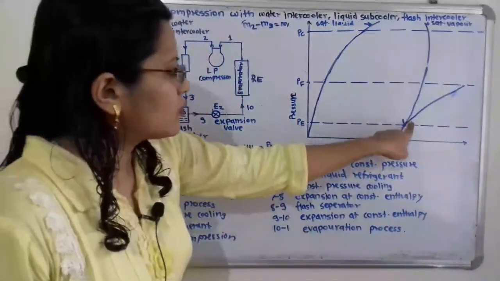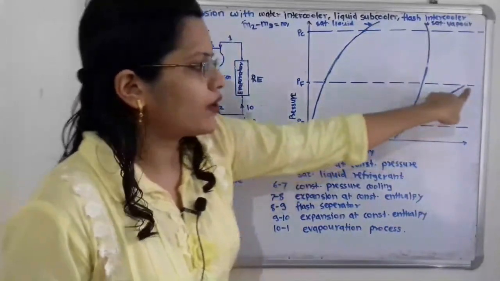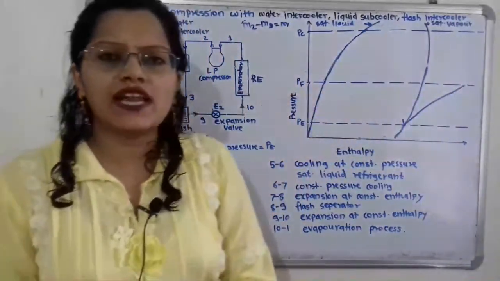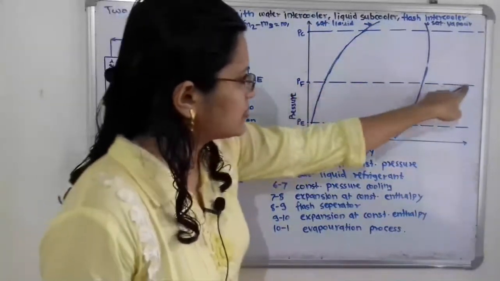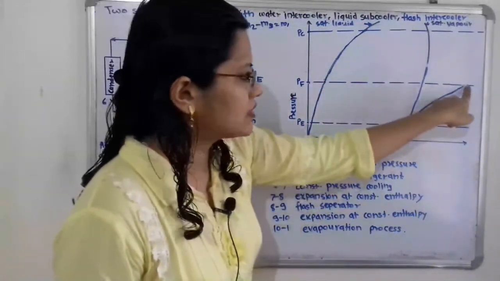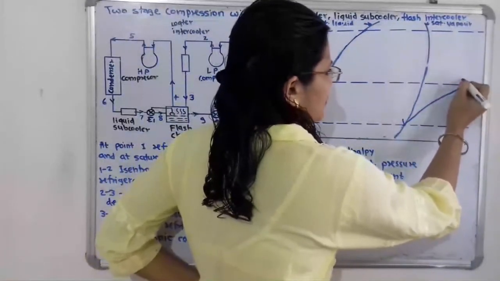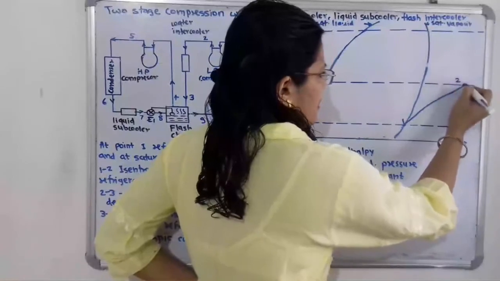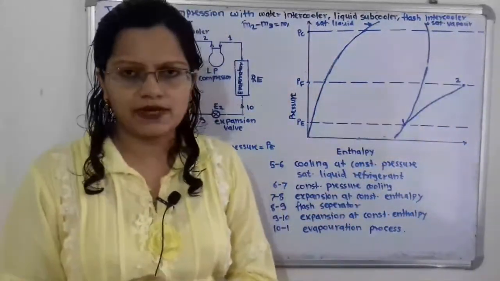This is the constant entropy line S1 passing through point 1, and we select the point of intersection at pressure PF. This is the pressure PF and this is the constant entropy line, and at this point of intersection here is the point 2. That means up to this point the compression is taking place.